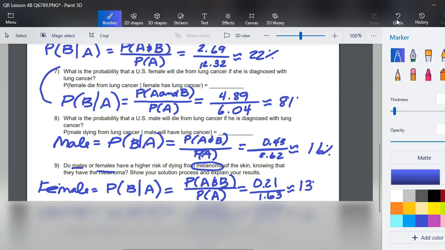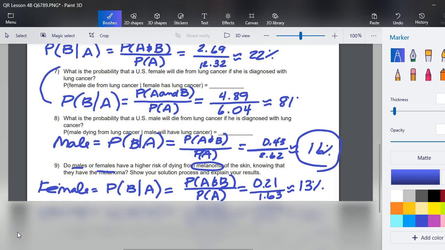When I divide, multiply by 100 and round to the nearest whole number, I get 13%. So the answer is men have a higher rate of dying from melanoma, given that they already have melanoma. We've shown our process, and our results are men have a higher percentage of risk.